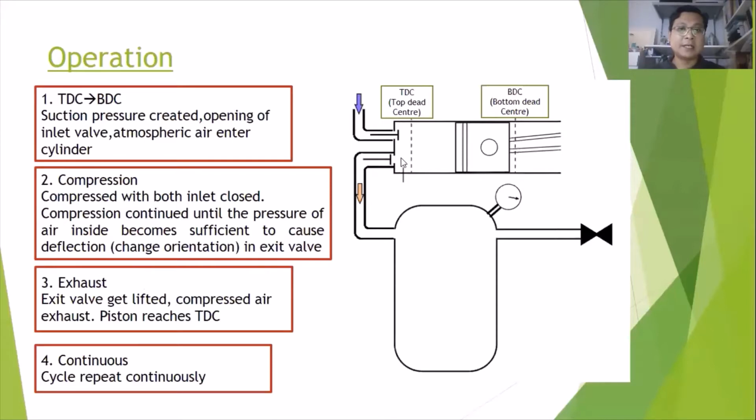So the compressor here uses the outlet valve, and the pressure will change to higher. Then after that, the third stage is exhaust. As the valve gets lifted, the compressed air exhausts and the piston reaches TDC, and then the cycle repeats continuously. Whatever process we cycle should be repeated.